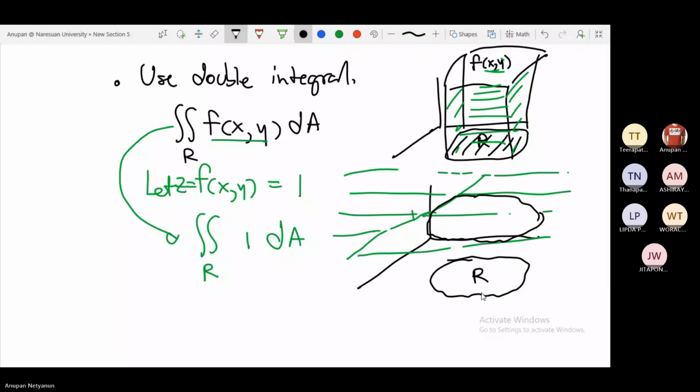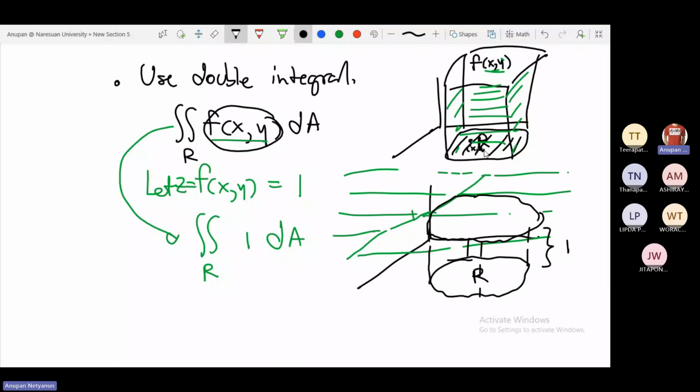So when you do the integration, you're gonna have the solid object. That is, this height is always equal to 1, okay? Because this acts as the height of the solid object at any particular x and y.